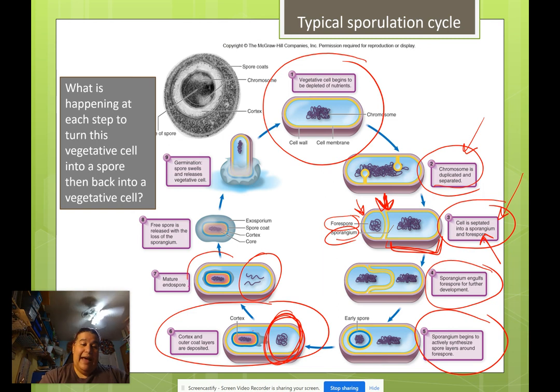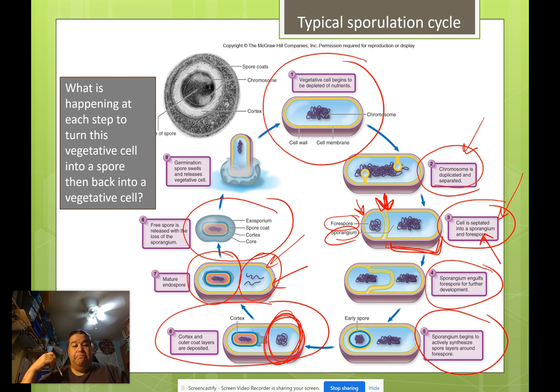So I still have my little protected endospore that is now mature. When this outer portion dies away, I've got the free spore that has the core, the DNA, the cortex, a spore coat, an exosporium, layer upon layer of protection, protecting this genetic material.